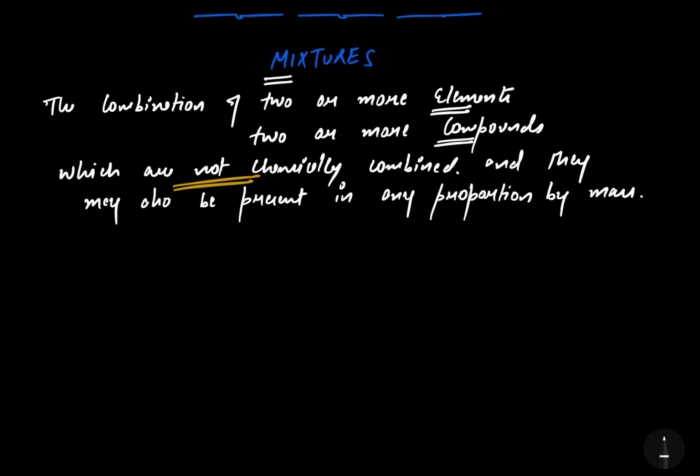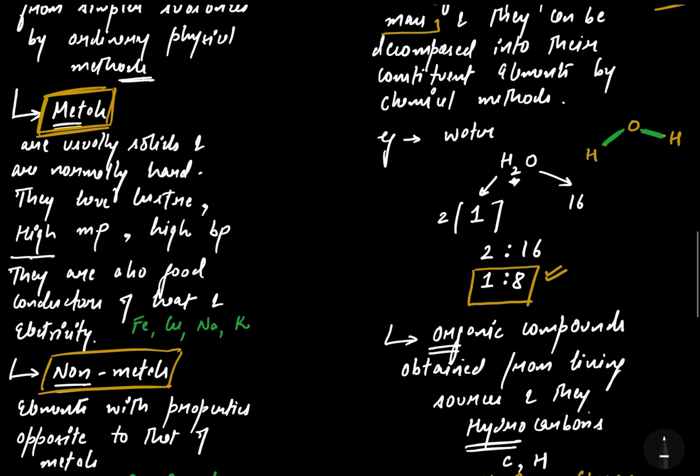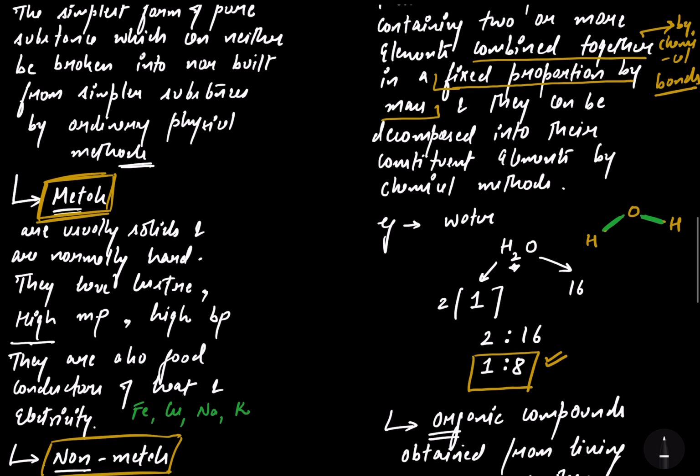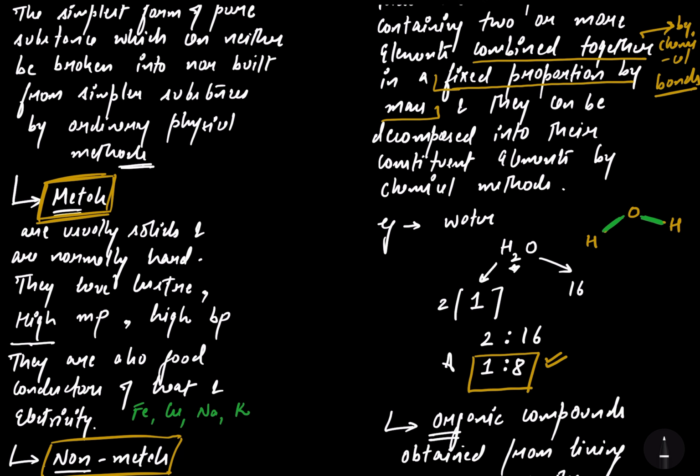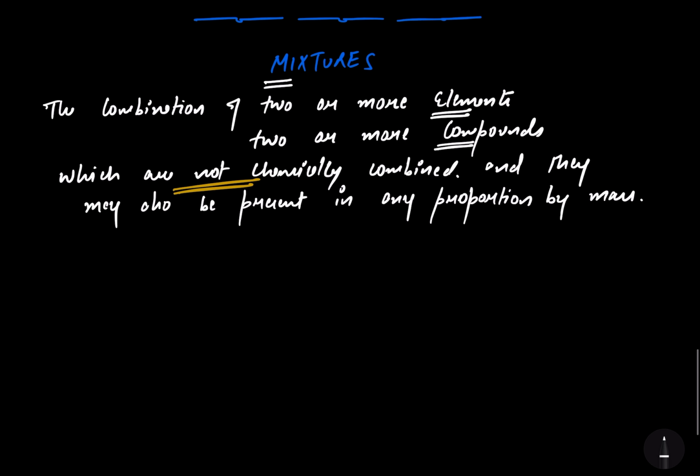In case of mixture, we are not having any fixed value, but in case of compounds, we were having the fixed value, in water that is 1 is to 8. So that's my mixture. Now we are having two types of mixture: the homogeneous mixtures.